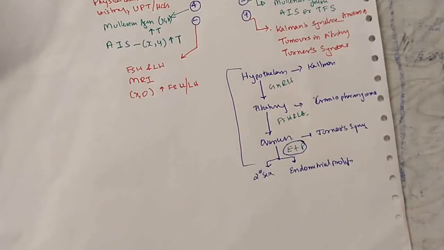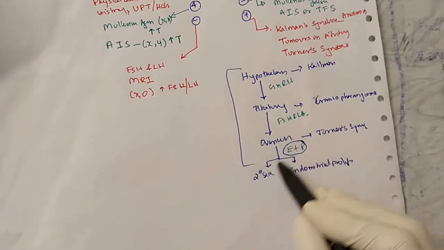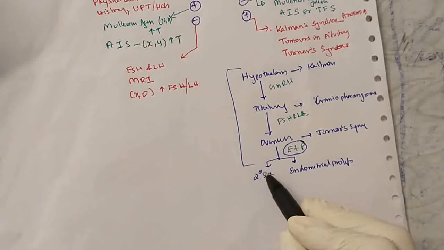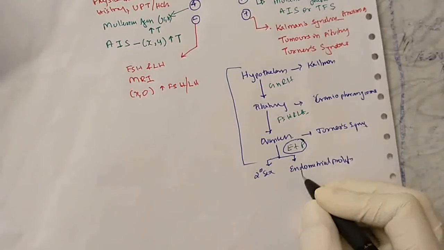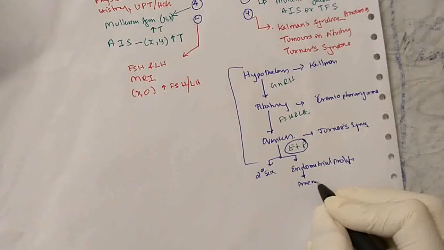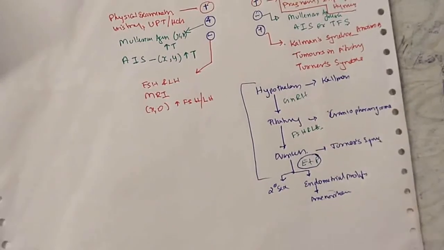So if the problem is over here, there will be absent secondary sexual characteristics and there won't be the proliferation of endometrium, resulting in amenorrhea. Now we'll talk about the embryology of the female genital tract and understand where exactly the pathology lies.